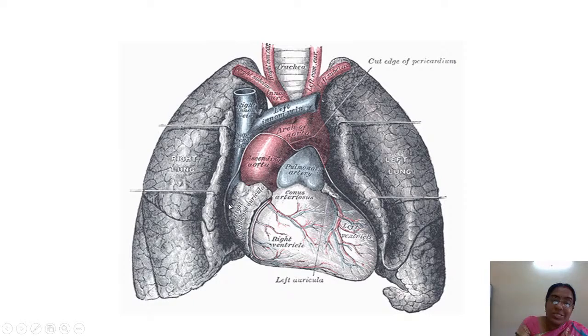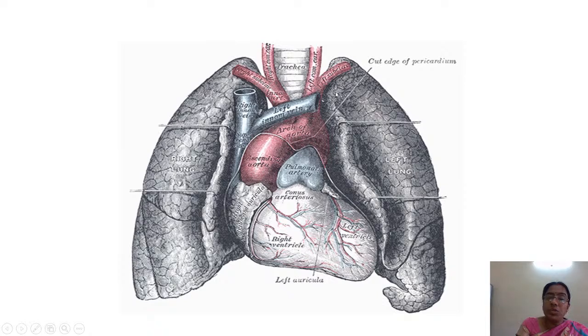I'm repeating the relations of the right atrium again. In relations, the meaning is what you see in front, behind, medially and laterally. In front you will see the sternum with the costal cartilages, that is, the 3rd to 6th costal cartilages along with the sternum.